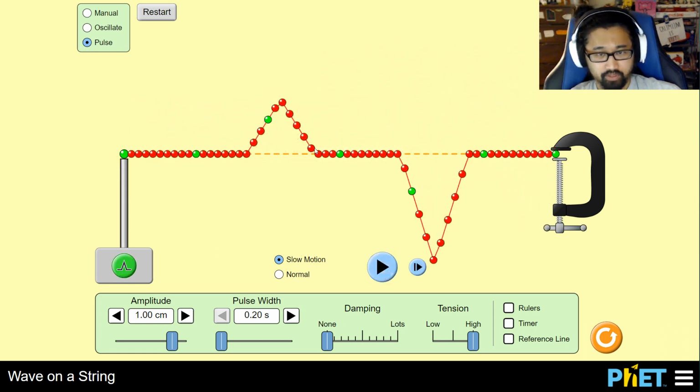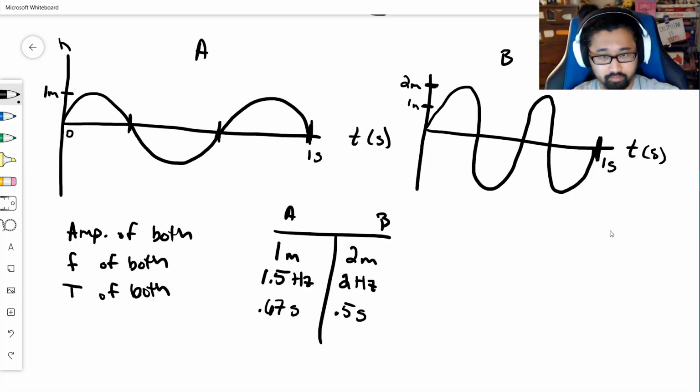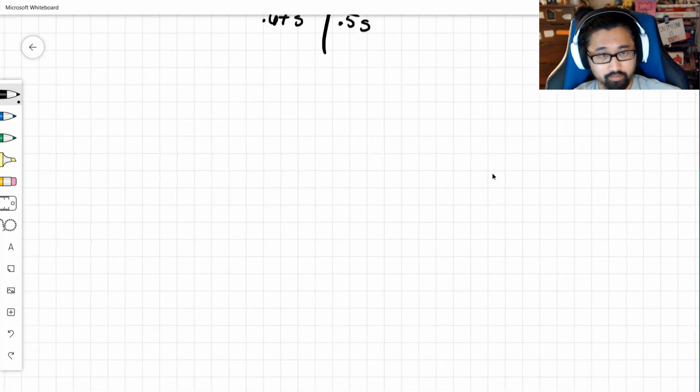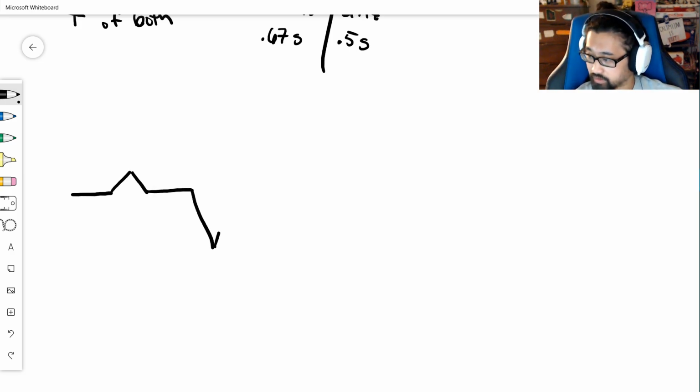So here I have, this is going to the right, and this is going to the left, right? I'm going to make a different picture representation of that here. I have small on top, this going up, and I have this going down.